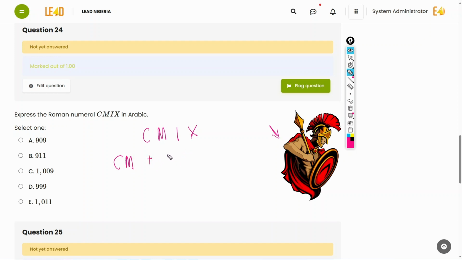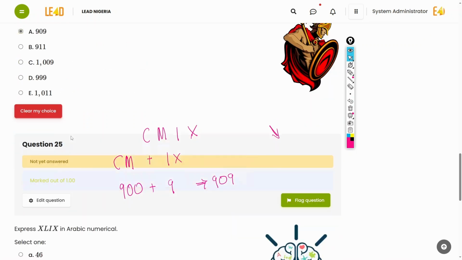There are no tens, and IX. CM is 900. IX is 9. So the answer is 909. A.